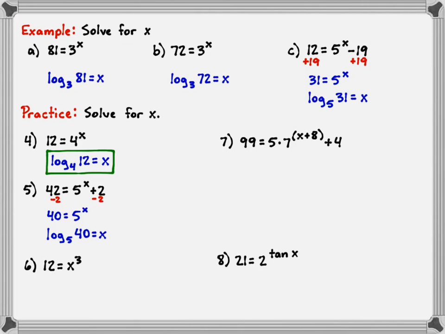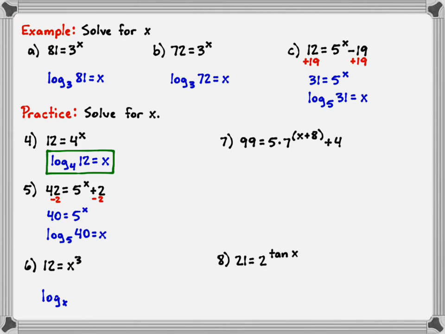Number 6, well, interestingly enough, we could write as a logarithm expression. We wouldn't need to, though. To get x by itself, we don't want to rewrite this as a log. In fact, let me go ahead and write it as a log so we can see what happens. It would be the log with a base of what? Well, it'd be the base of x, because remember, the base of the function is always the base of the log.